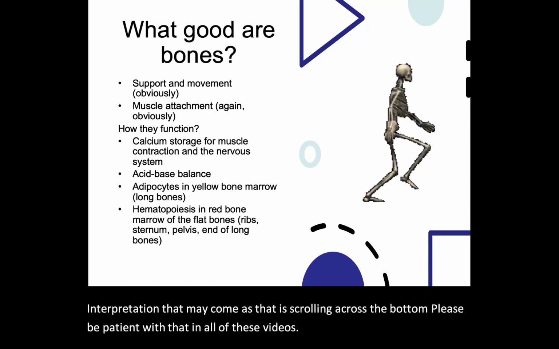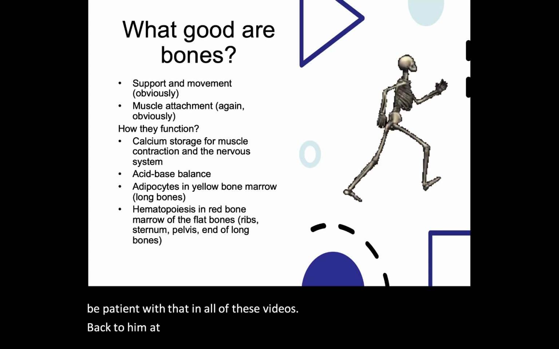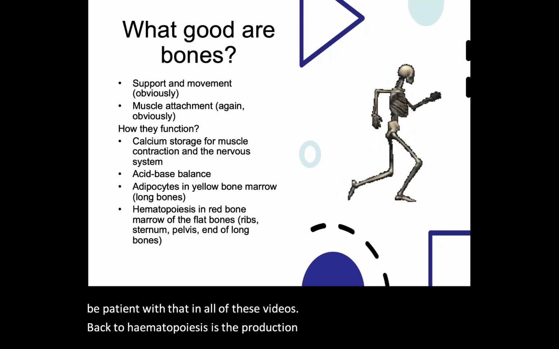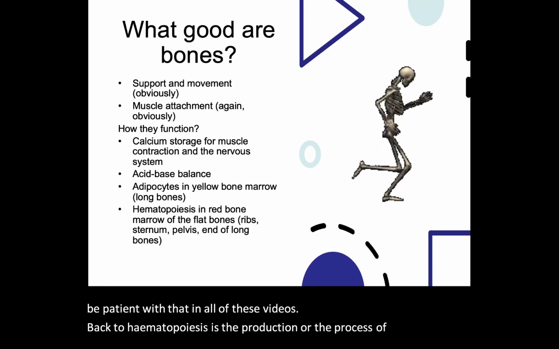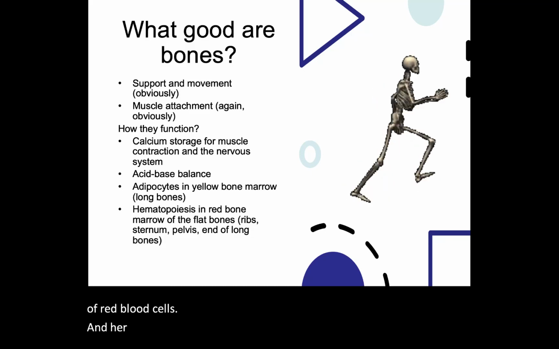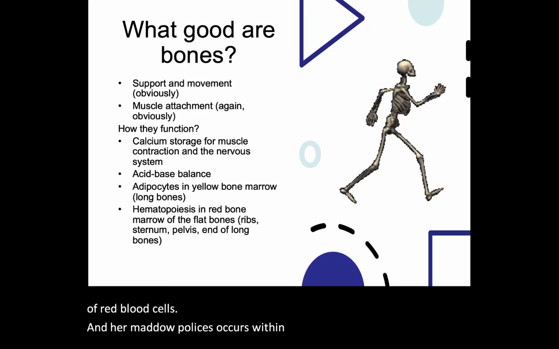Back to hematopoiesis. Hematopoiesis is the process of the production of red blood cells, and it occurs within red bone marrow.